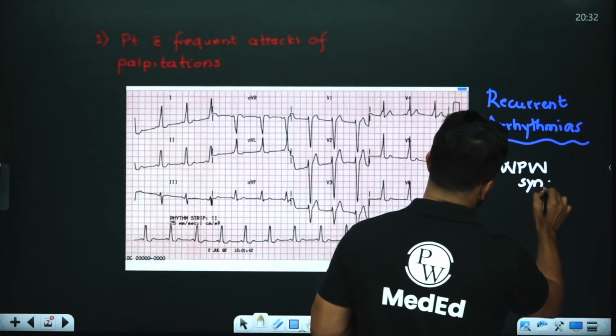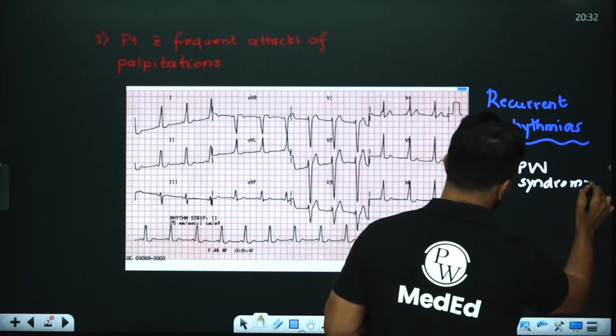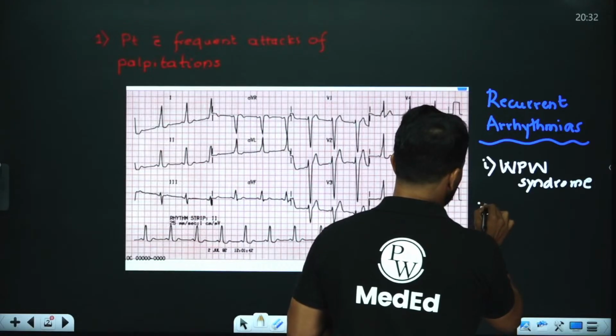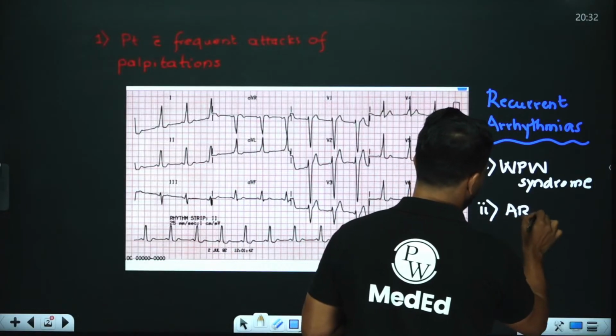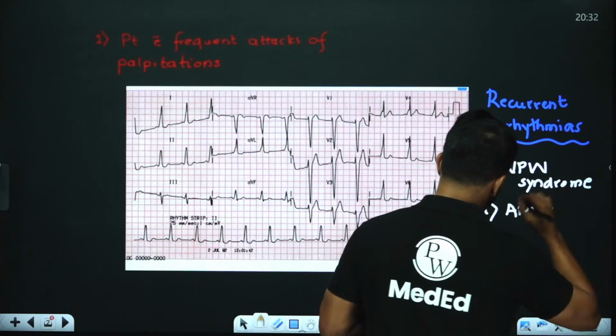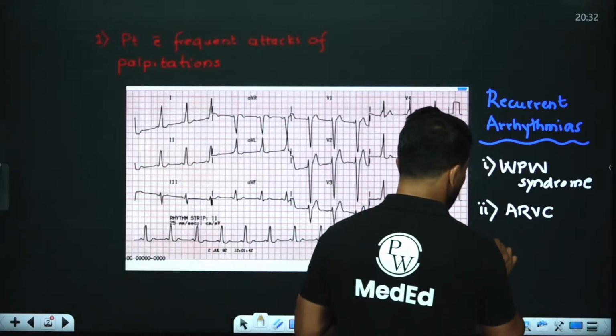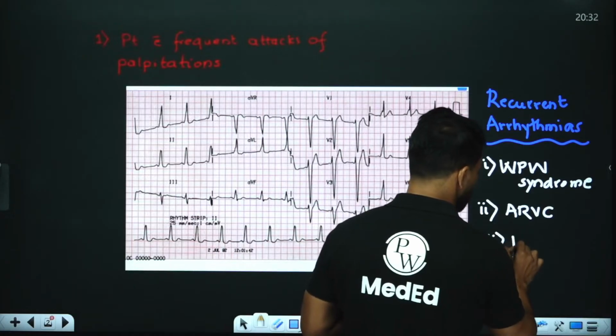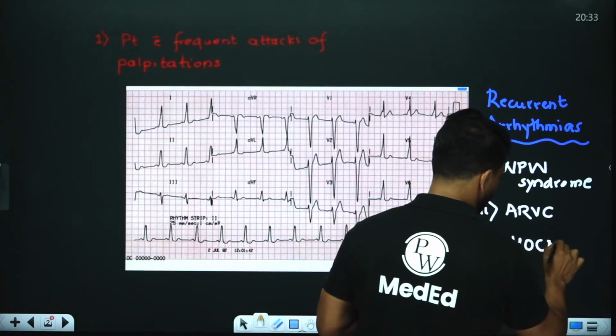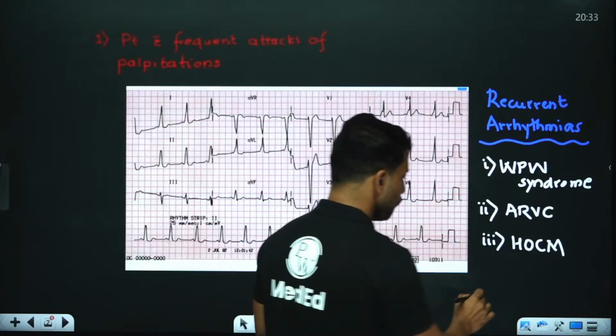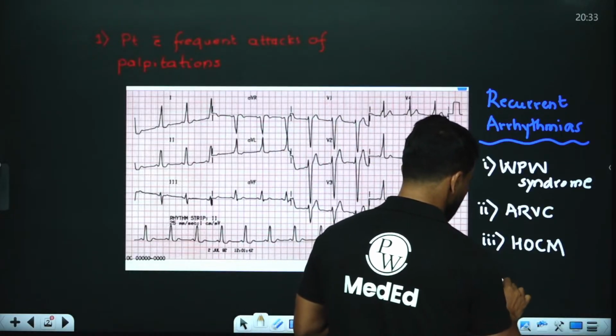Then the second one is arrhythmogenic right ventricular cardiomyopathy or dysplasia. The third one is hypertrophic obstructive cardiomyopathy.